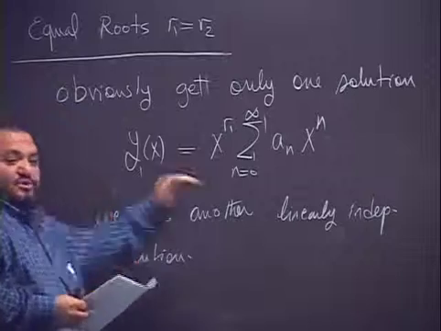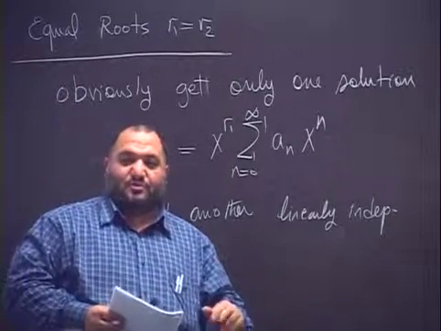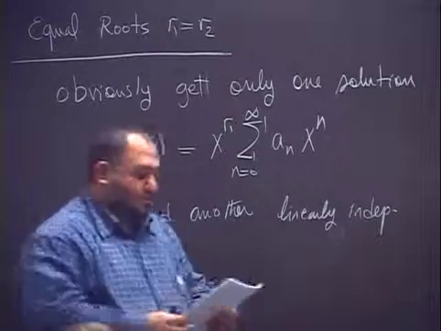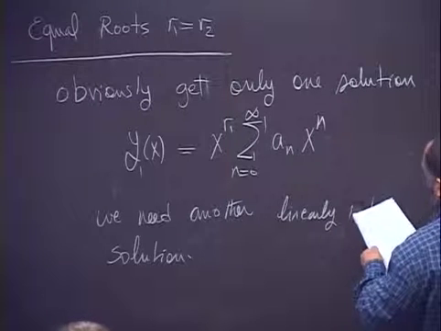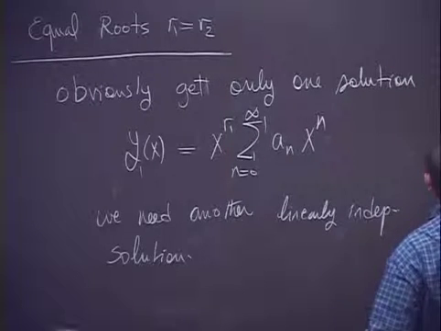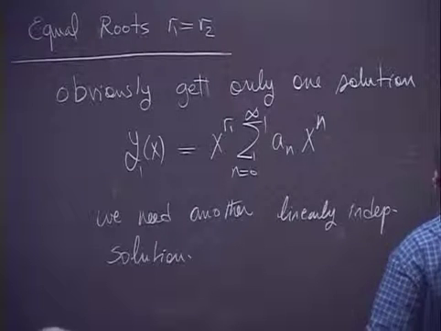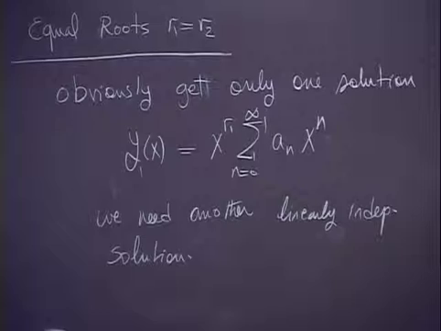Then I will jump into the third case, which is R1 is different from R2, but the difference between both of them is equal to a whole integer. So the third case that we will look at here is roots that differ by an integer.